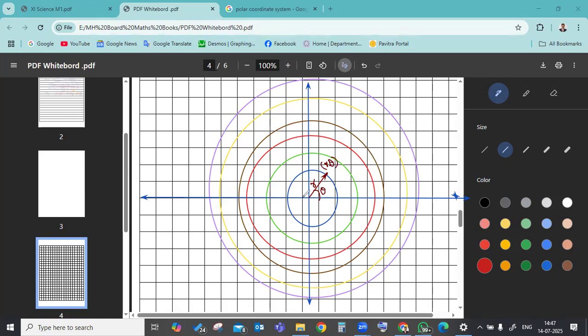Suppose the point is here, then theta will be different. See, theta will be this one, and r will be this distance. Then the coordinates of this point will be r, theta.